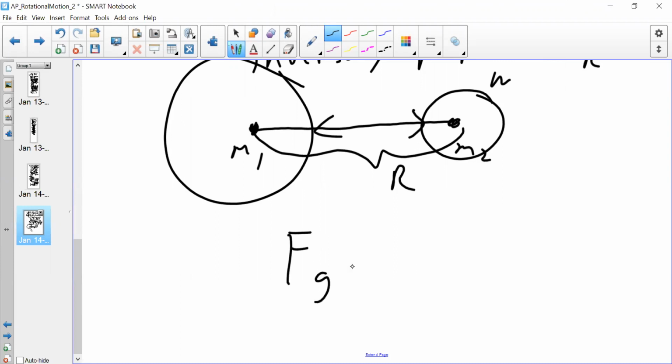The equation form, where we can predict certain things: the universal gravitational force between any two masses is equal to G m1 times m2 over r squared. So it's inversely proportional to the distance squared and directly proportional to the product of the masses.